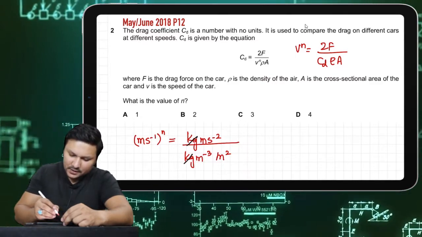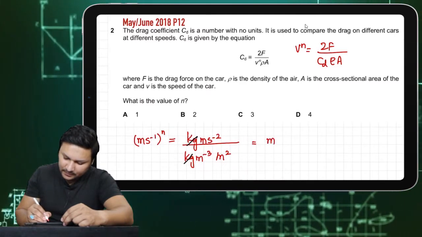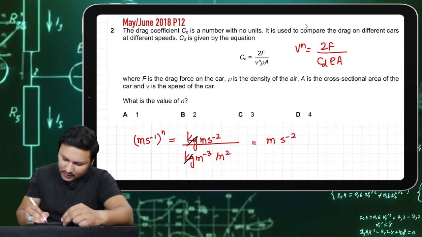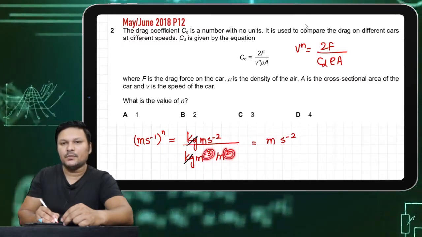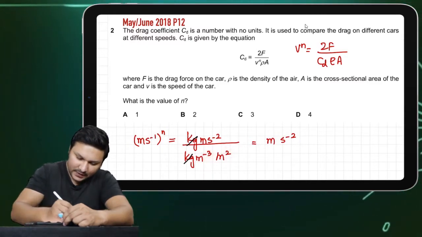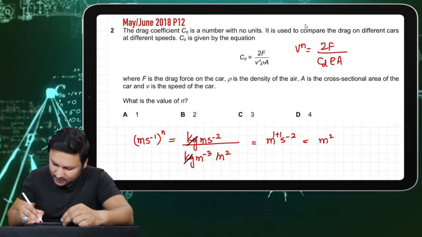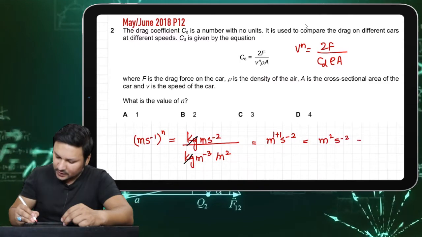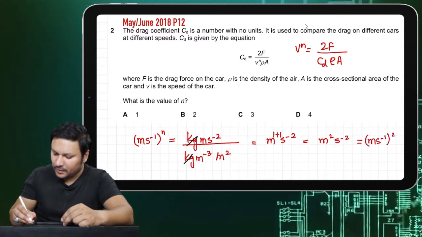Kilogram cancels with kilogram and m s minus 2, and here what is remaining? Minus 3 plus 2 minus 1. When it comes in numerator, it becomes plus 1. So m square s minus 2, which can also be written as m s minus 1 whole power square.